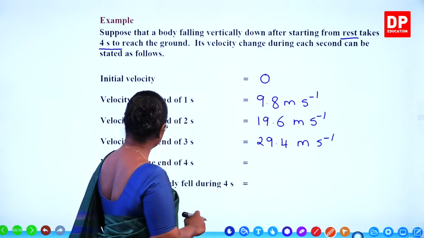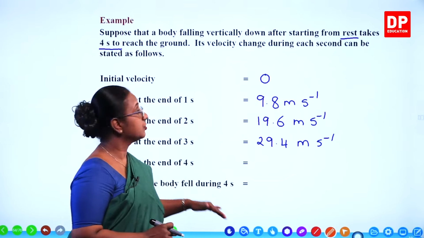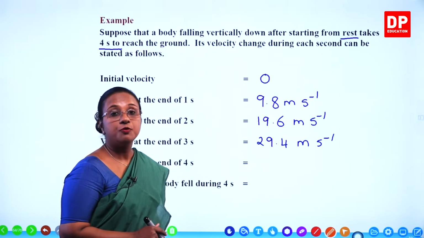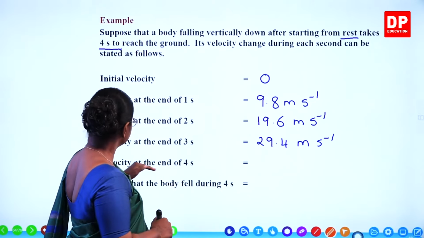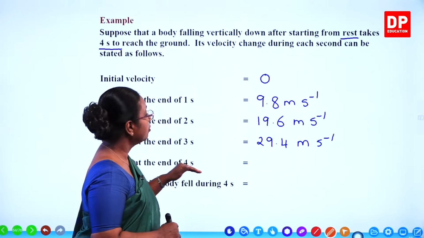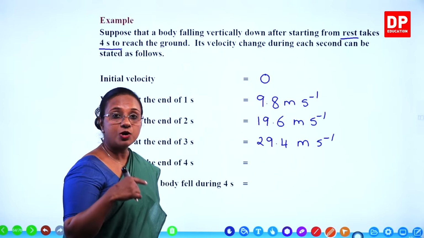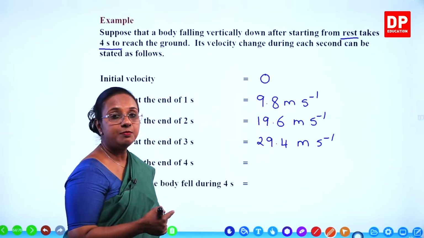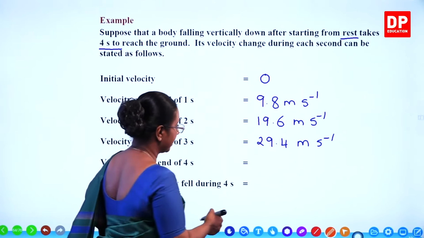29.4 meters per second. And another second, it reached the ground at the end of 4 seconds. So, the last second, that is the end of 4 seconds, the velocity would have increased by another 9.8 meters per second.